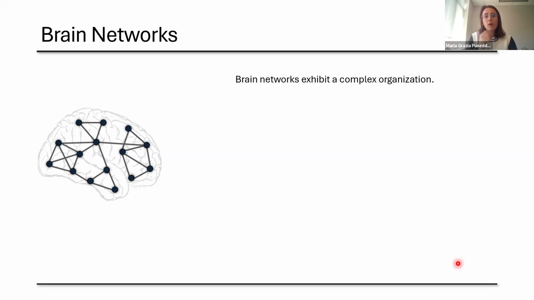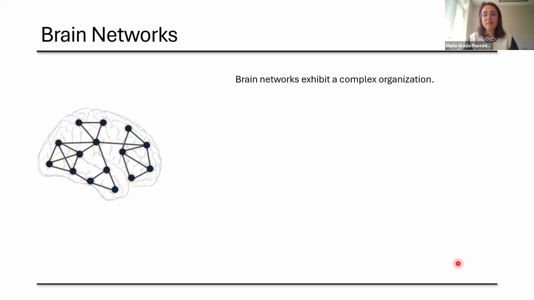Okay, so the interesting thing about brain networks is that they exhibit a complex organization. So their topological organization is not random, is not regular. We don't have lattices as brain networks, thankfully.